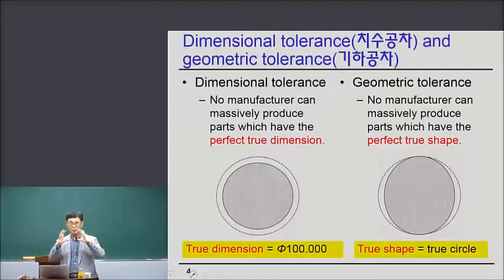In the same sense, in geometric tolerance, you have to assign some allowable range of shape variation, the allowable range which can vary from the true circle. Okay, so that is the concept of geometric tolerance.